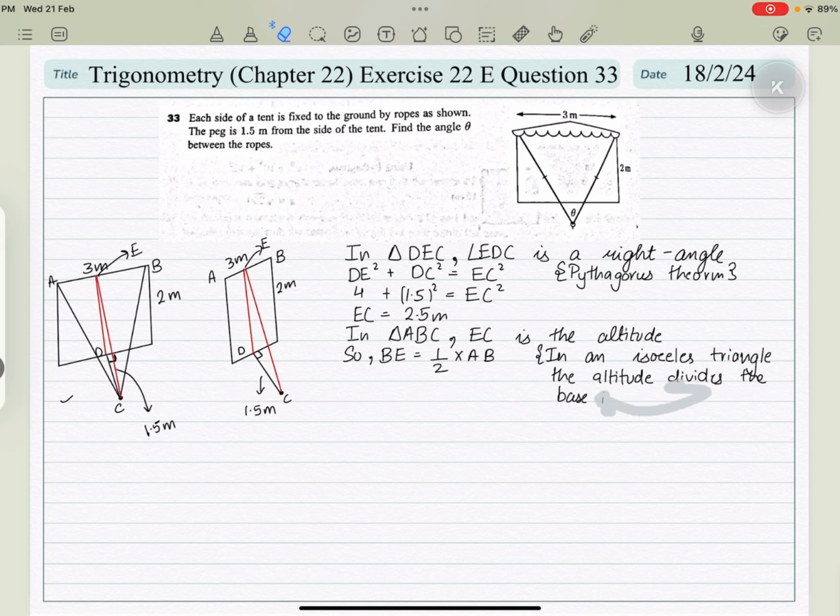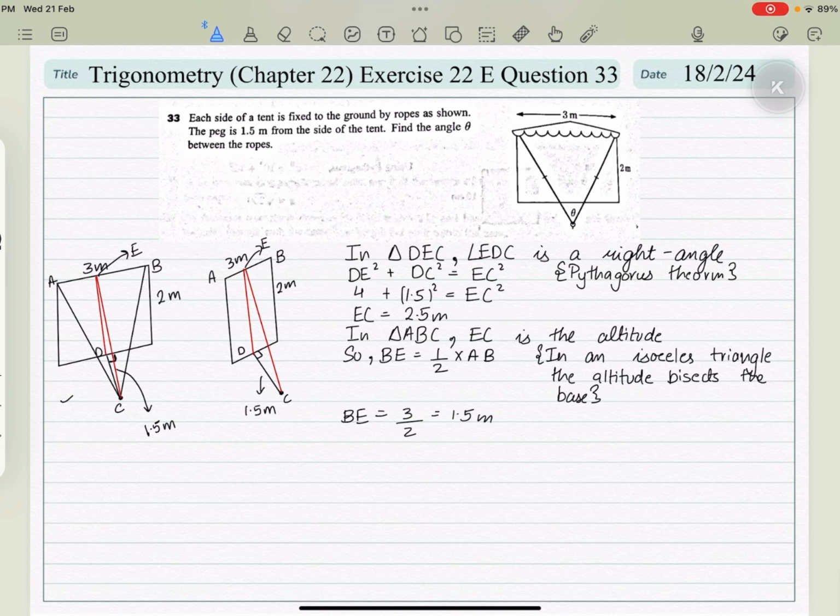You know what, we can just write bisects here to make our job simpler. Bisects the base. So then we can say that BE is equal to 3 by 2, that is 1.5 meters.